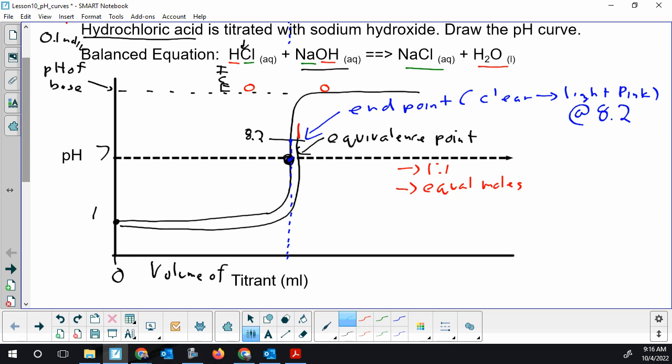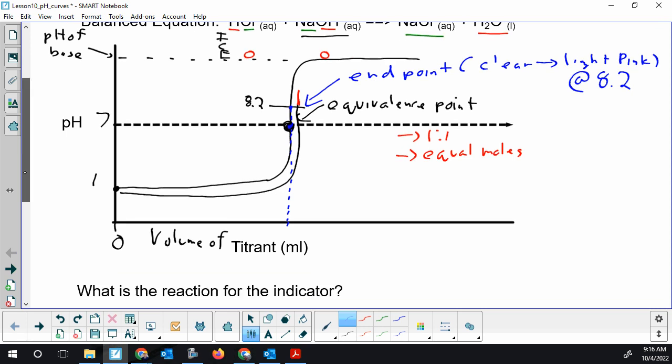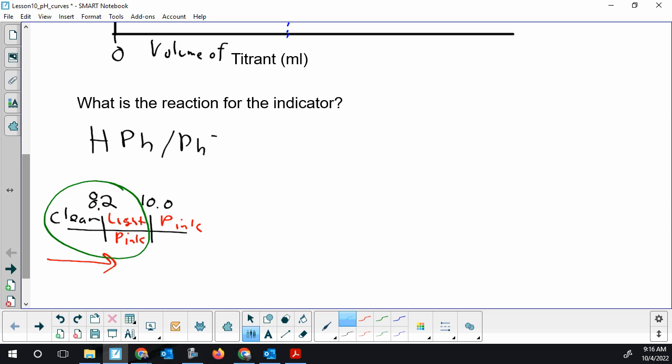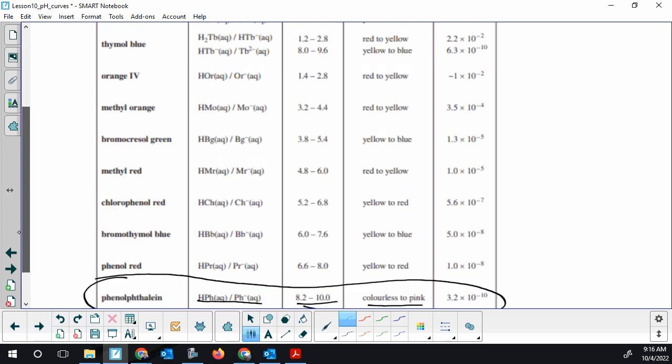So last, what exactly is going on with that indicator? So we've got 2 forms written in your data booklet. We've got HPh, which is the acidic form, and this is clear. It has no color. So the first acidic piece written in your booklet goes with the first color. I'll just flip to your table for a second.